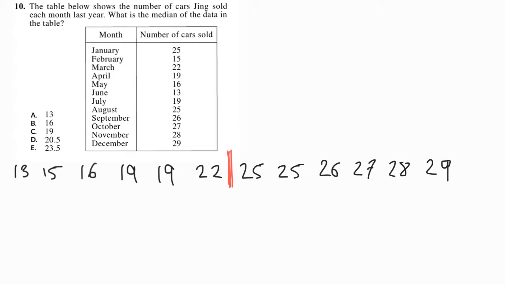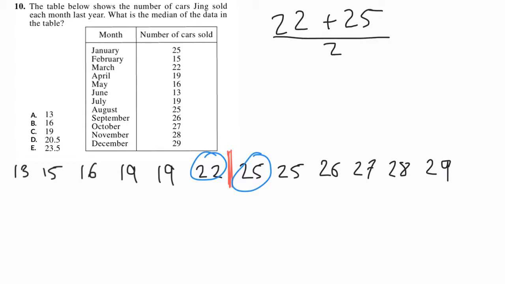So if it doesn't land on a particular value, if it lands in between two numbers, what you're going to do is take the average of these two values here. Okay, so we do 22 plus 25 divided by 2. That's the average between those two numbers.